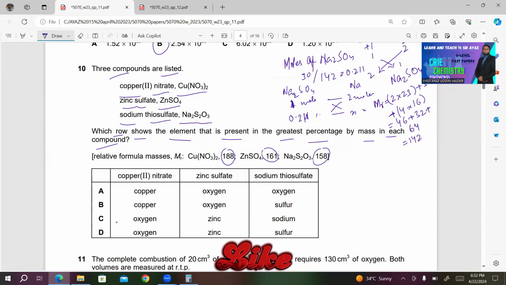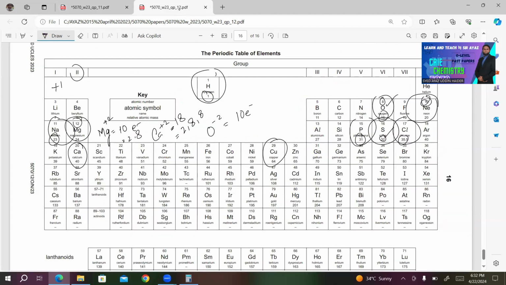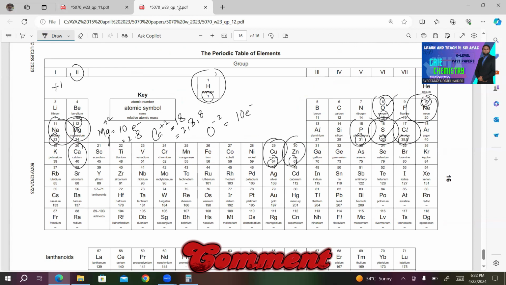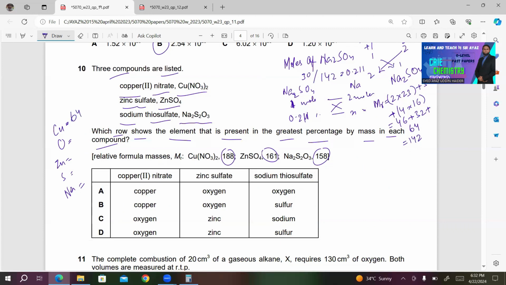We need to know the AR of these elements. Copper, Cu, oxygen, O, zinc, Zn, sulfur, sodium, Na. Copper, AR is 64. Zn, 65.